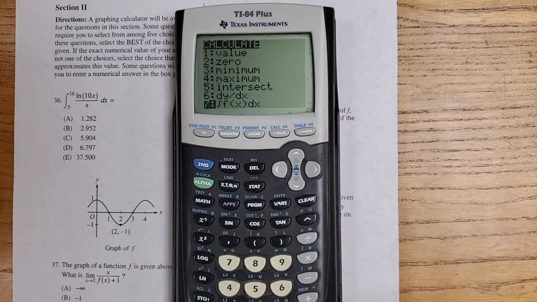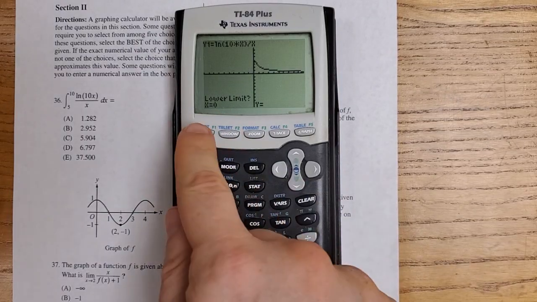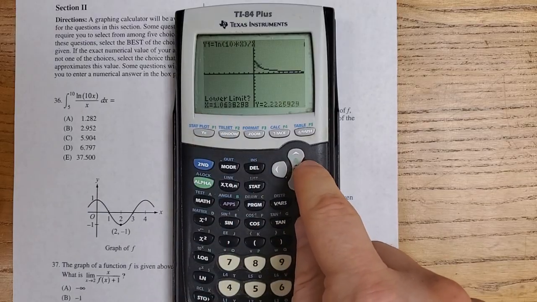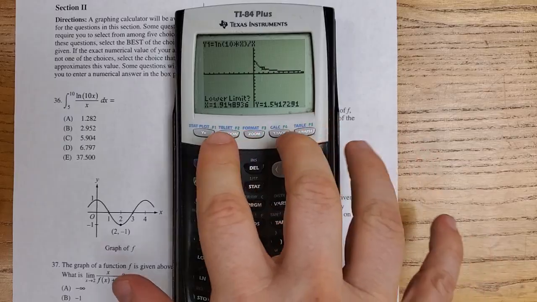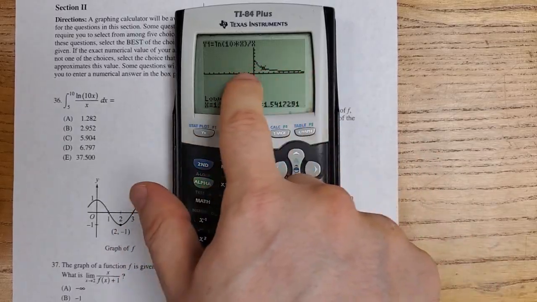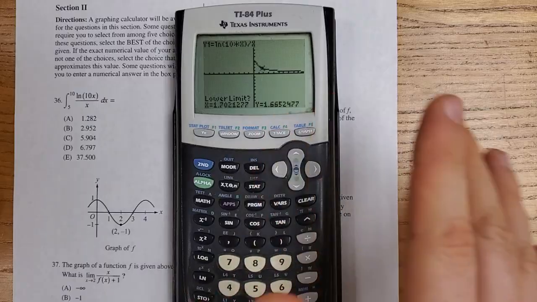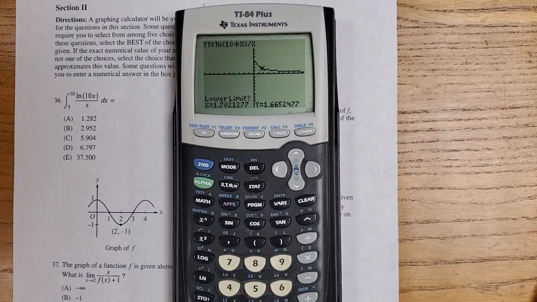So that's going to ask us to do a definite integral. And it's going to ask us for the lower limit, so you can arrow key over to it if you want. With the zoom setting right now, the pixel widths are not an even number. You can set it so that it is. There's an easy way to do that, and I might show you that later.